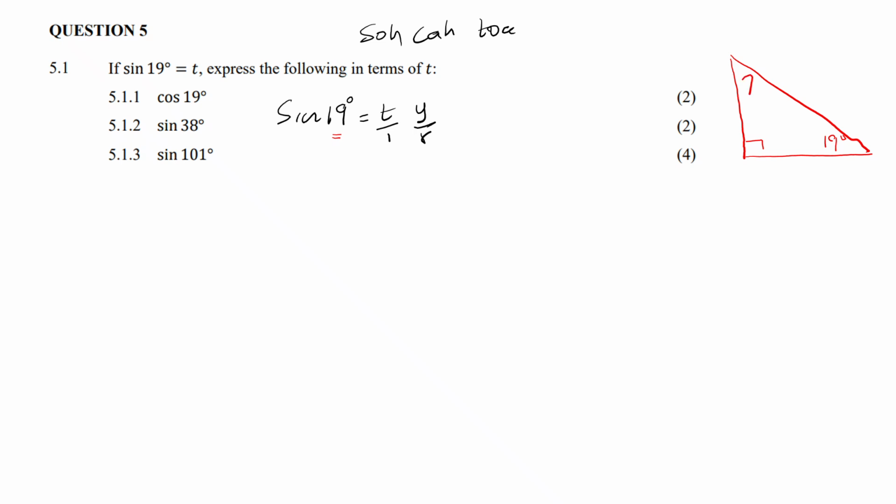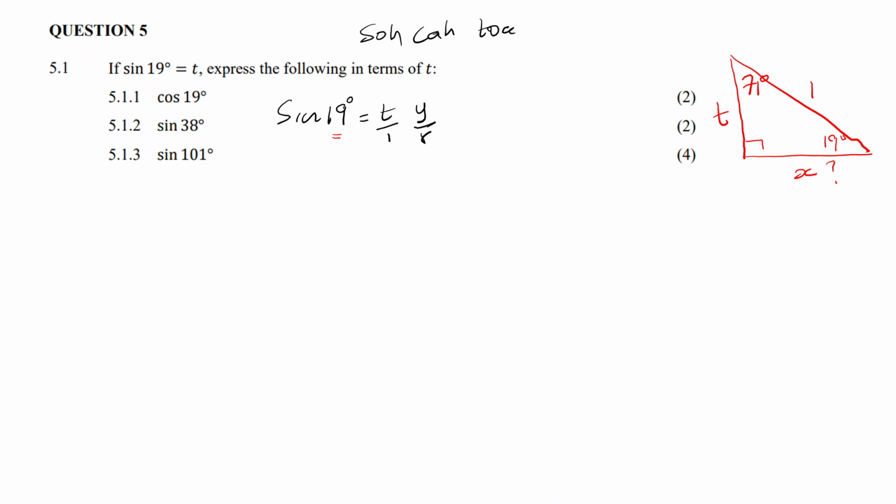So this angle is 71 degrees. So now on your right angle triangle, you know what your opposite is, right? It is t. So this side is t, and your adjacent, that is something that we need to look for. This is your x, and your hypotenuse, that's 1.